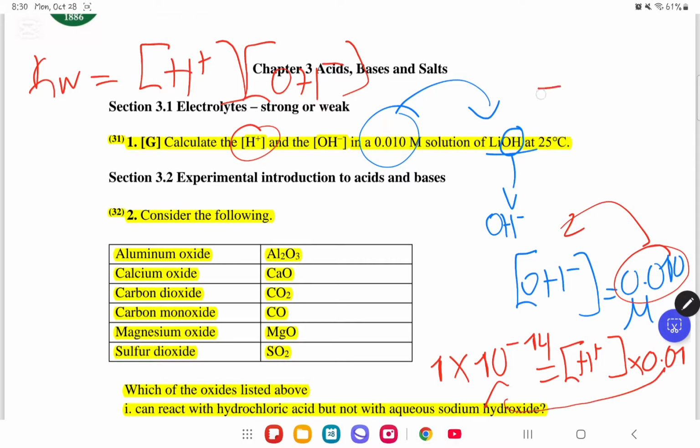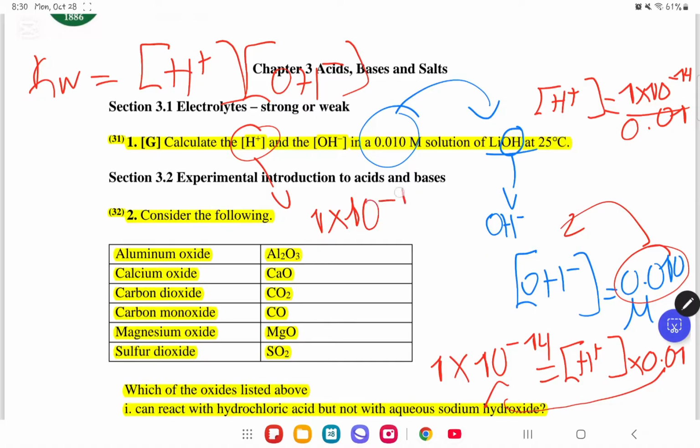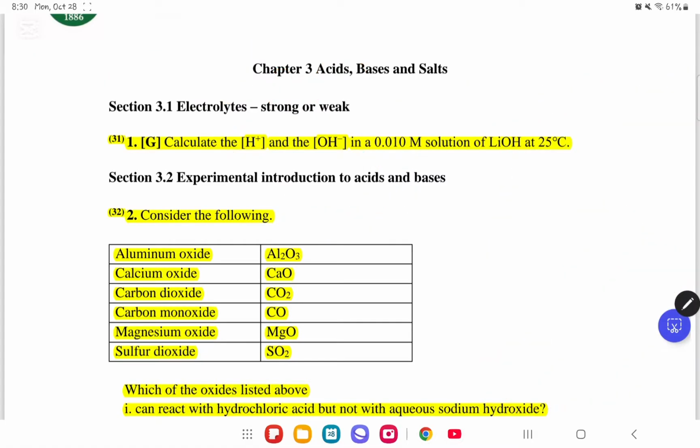Bring this to the other side. The concentration of H plus is equal to 1 times 10 to the negative 14 divided by the concentration of OH minus, which is this. So to put it on the calculator, we are then gonna get that the concentration of H plus is 1 times 10 to the negative 12.